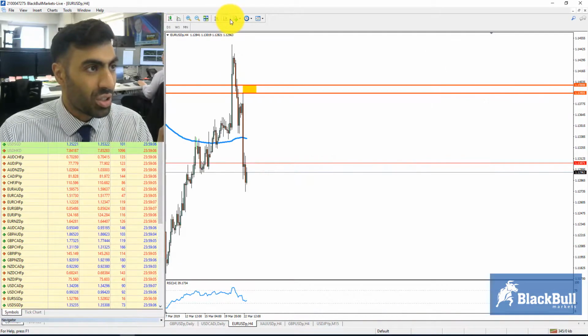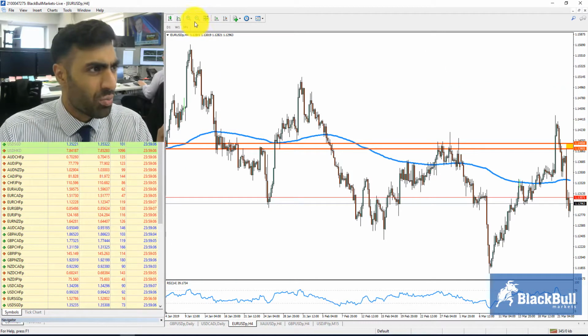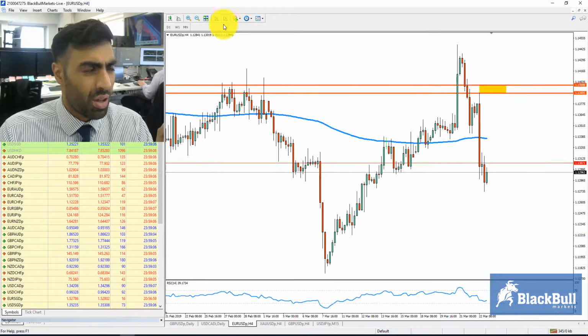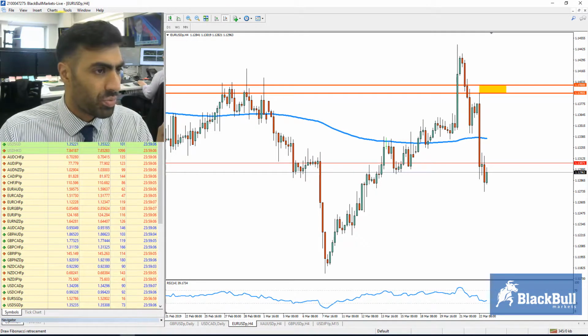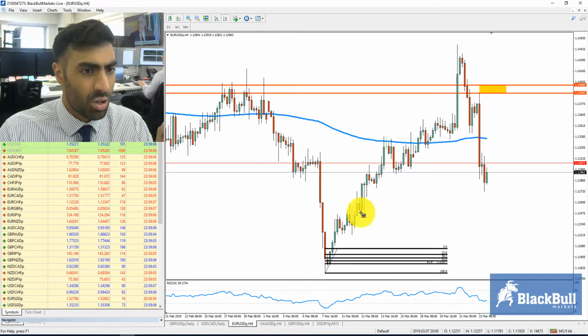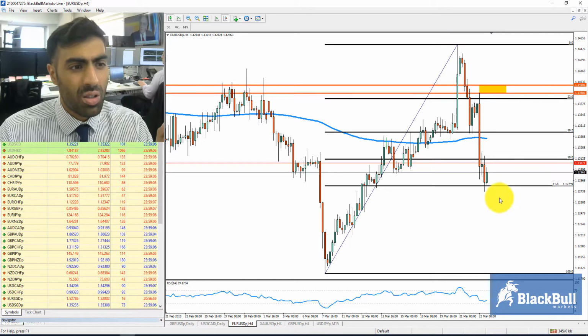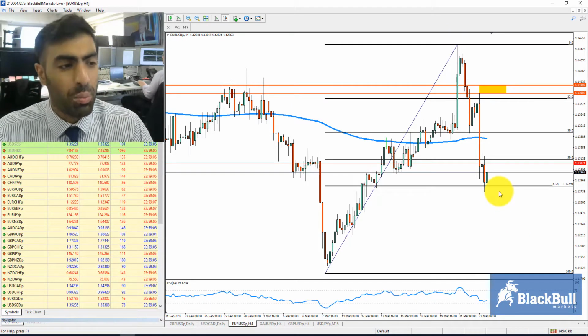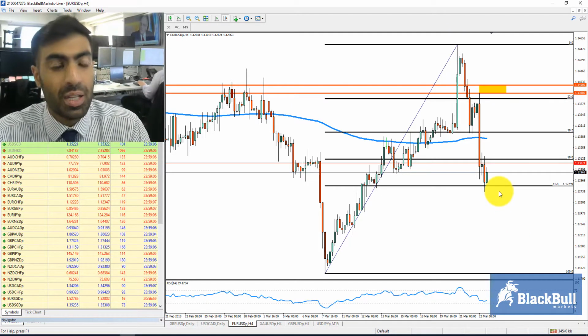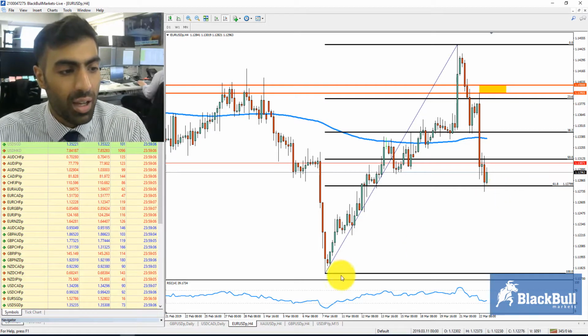What's interesting is, from a technical point of view, if we draw a fib in from this low to this high, the pair did test a 61.8% retracement level from the bottom here, and if you look at that low, that comes in around the 111.70 mark.